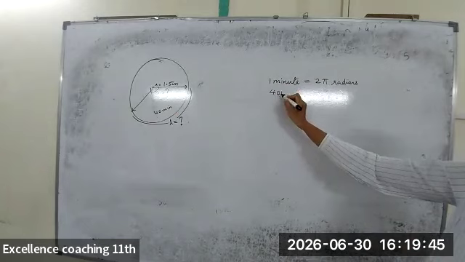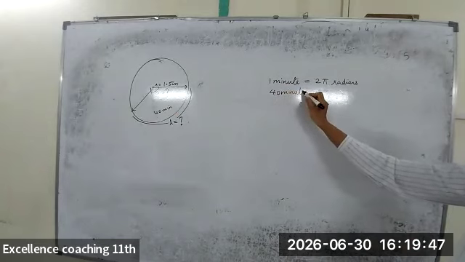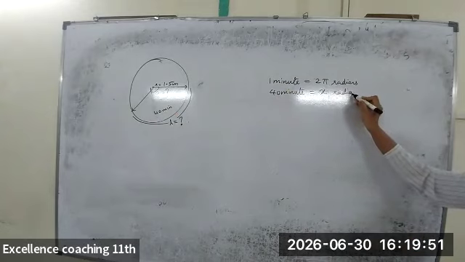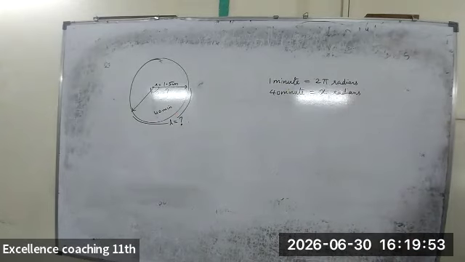So 40 minutes, how many radians it will take? So calculate. This will be our angle. Or 360 also you can do, and then how many degrees it is getting in 40 minutes.